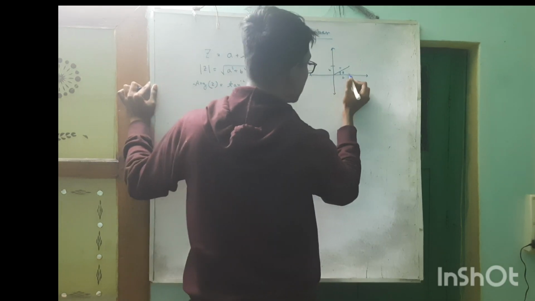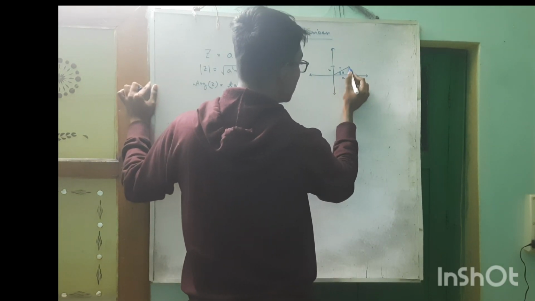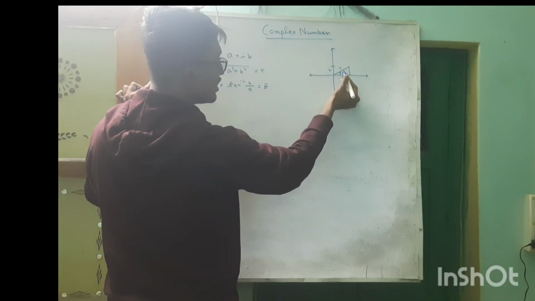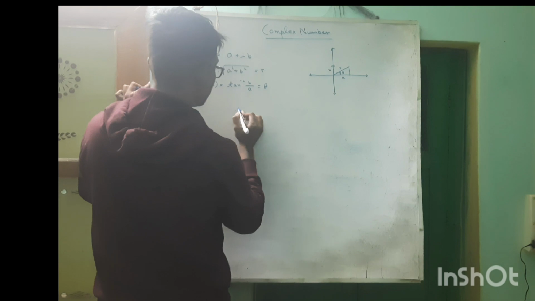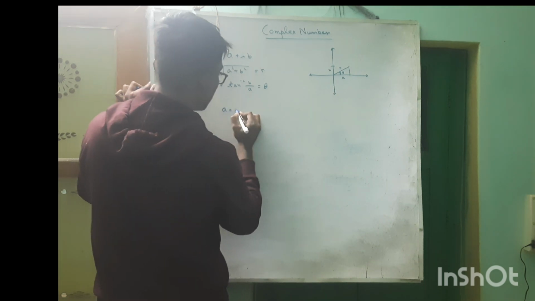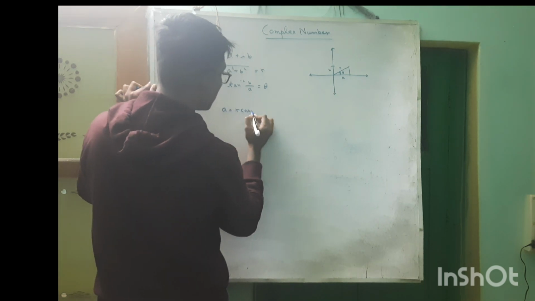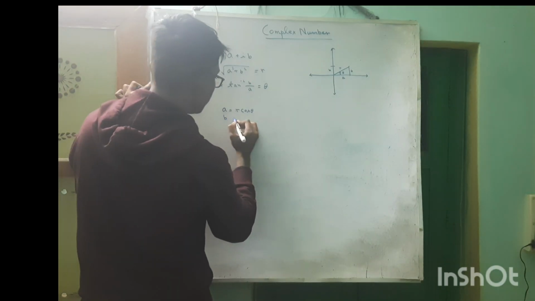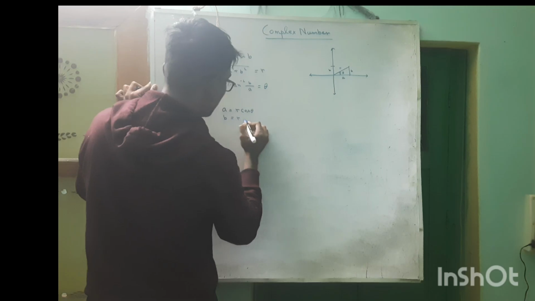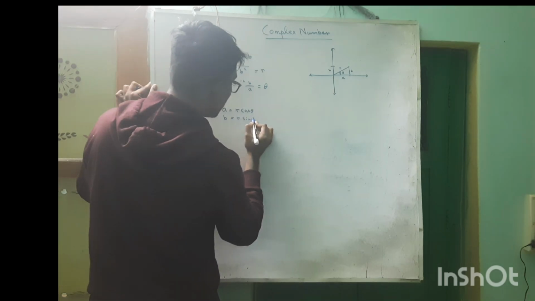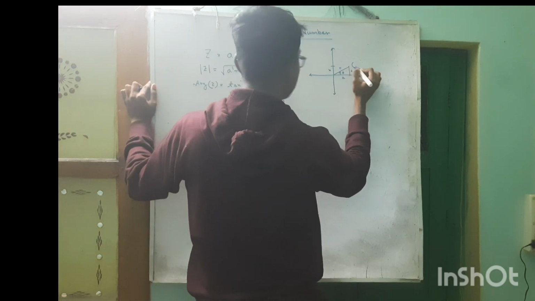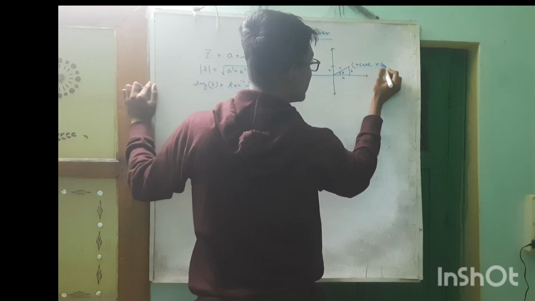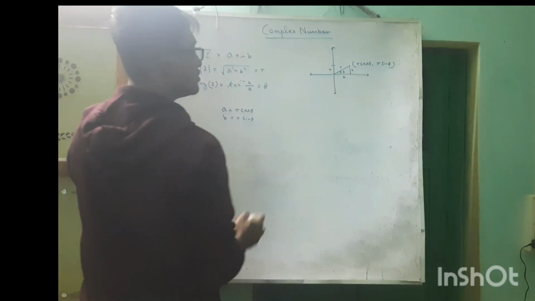So from the picture you can see that this a is actually r cos theta. You can see that a is equal to r cos theta, and this b is r sin theta. So actually the coordinate (a, b) you can write as (r cos theta, r sin theta), correct?